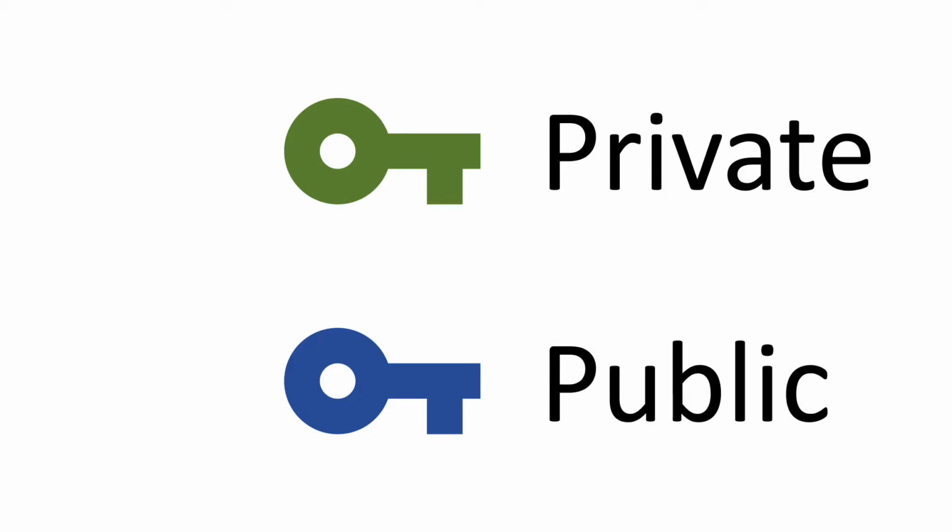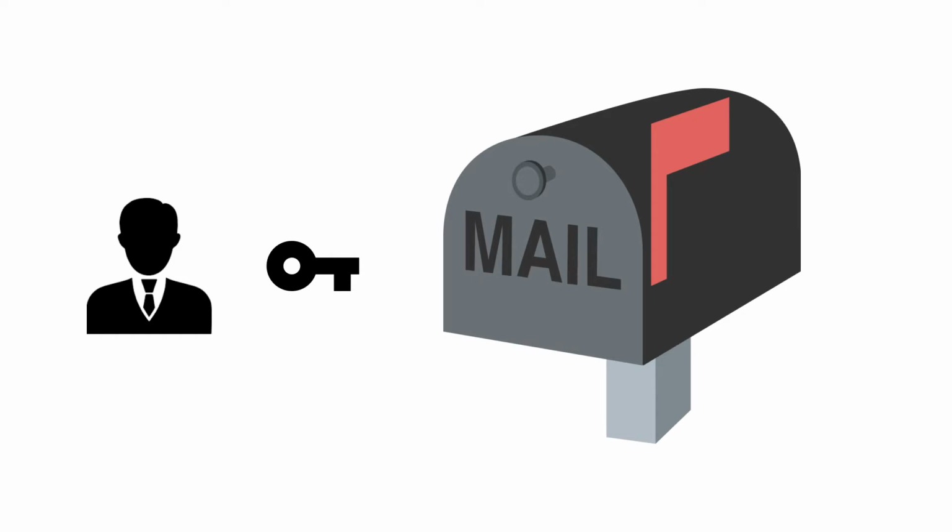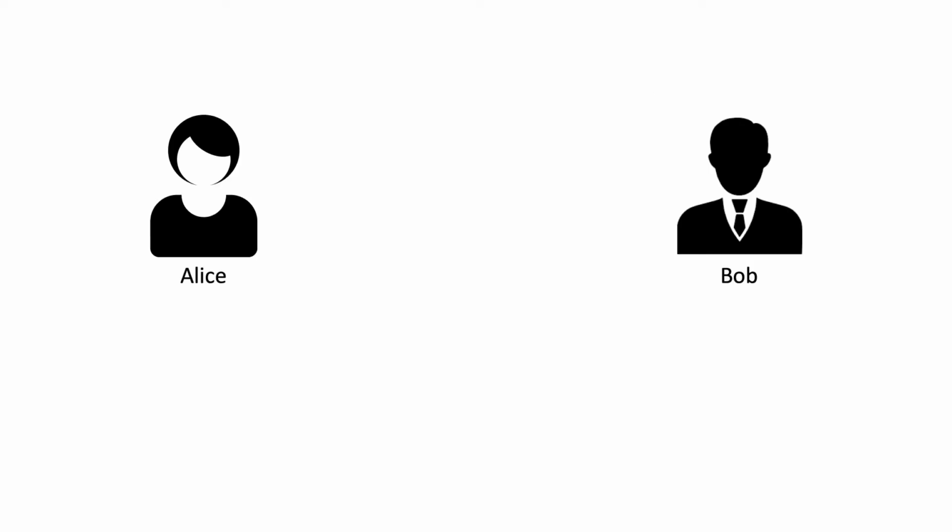More than that, one of them is meant to be private and the other one is meant to be public. So if we think about a way in which to describe it, you can think of a mailbox, which is the public address to which everybody can send messages to, and the only one who can decrypt those messages would be the person with the key to the mailbox, which in this case would be the private key.